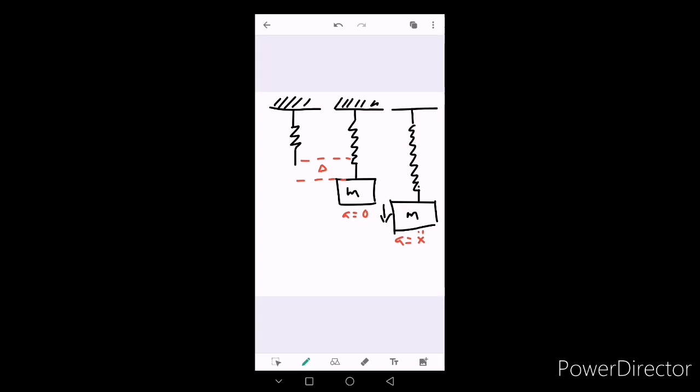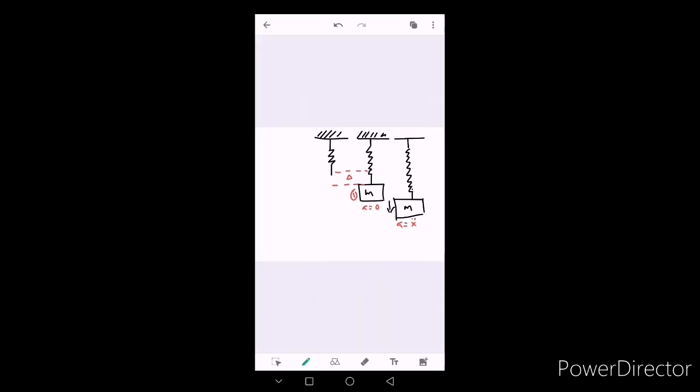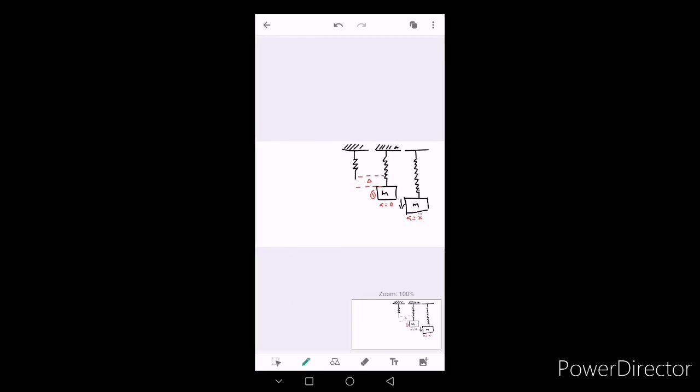Now, I'll be making the free body diagram of this block at position 1.